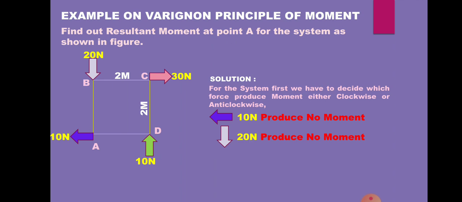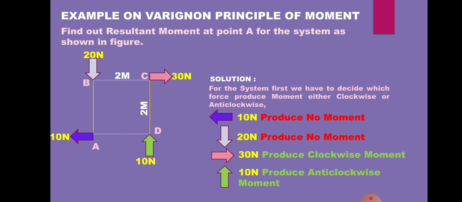It produces no moment because it has a force but no distance. The third one is the 30 Newton force. It has both force and a perpendicular distance, so it produces clockwise moment. And the last one is the 10 Newton force, which produces anti-clockwise moment because it has a force and a perpendicular distance also.